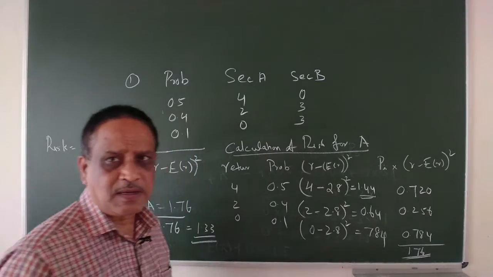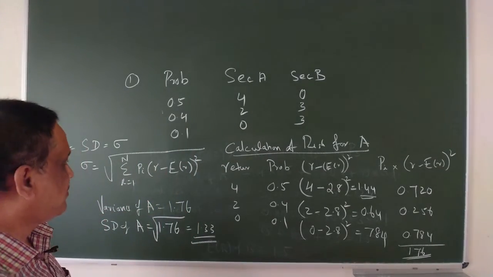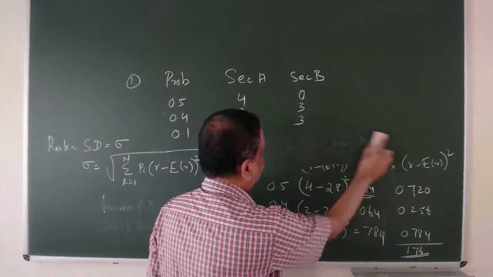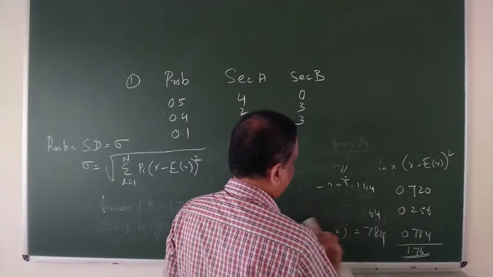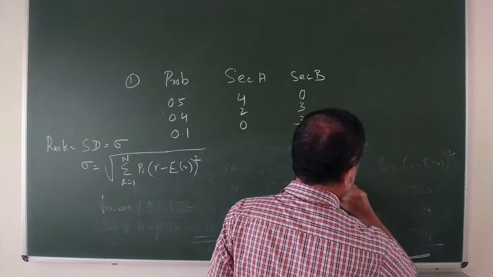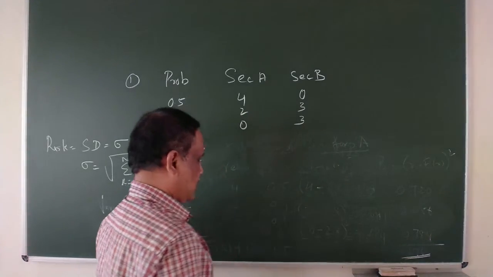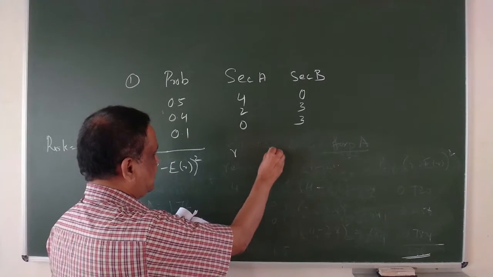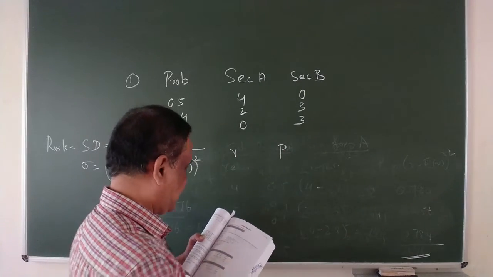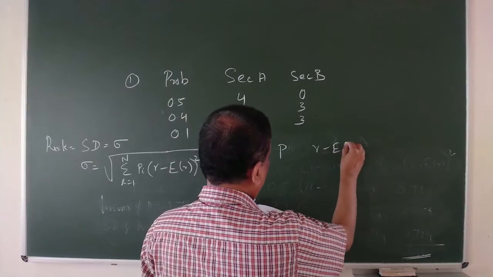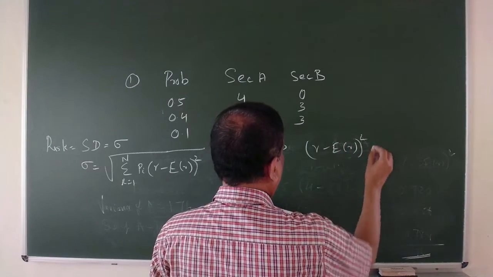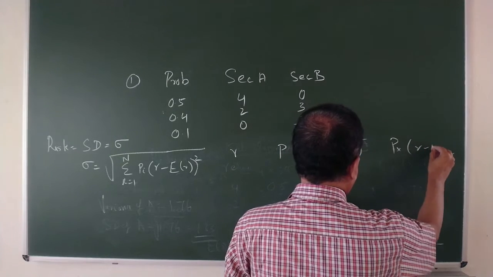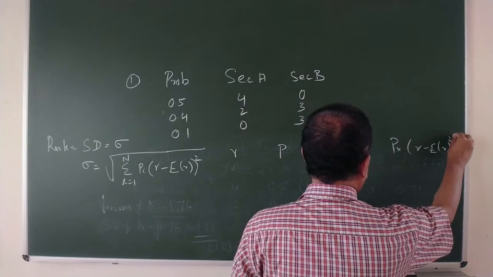Now let us see the standard deviation of B. It is the same thing: return, probability, R minus ER square, and P into (R minus ER) square.